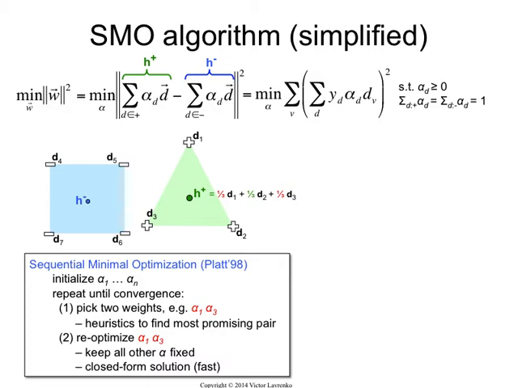Now I want to tweak these weights as far as I can so that H plus gets as close as possible to H minus. But I only get to tweak these two weights. I keep everything else fixed. Okay.